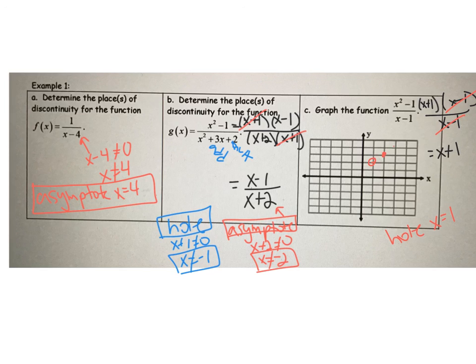If we plug in 3, we're going to get 4. So we continue up here on the right-hand side, continue down on the left-hand side. And there's the graph. Again, it's going to look like a line because it simplifies down to a line, x plus 1. But because we had part of it cancel, we're going to have a hole at that part where it cancels.